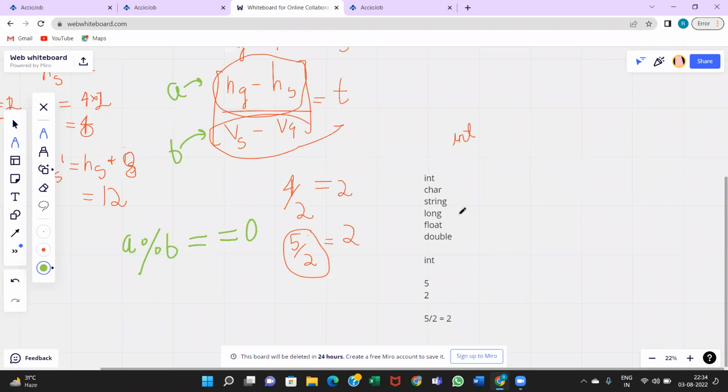A very simple thing to do is check whether the number is completely divisible. If B is a factor of A, it means we are getting an answer. Otherwise, we'll return false. Is it clear now?